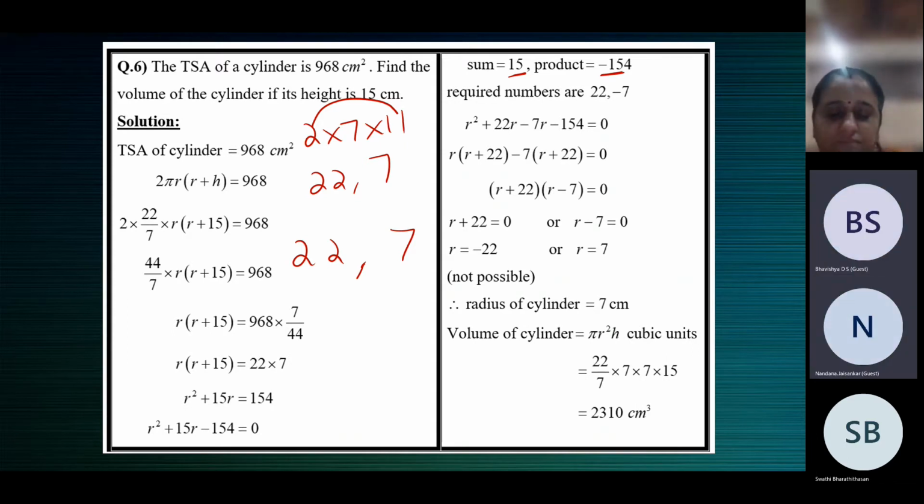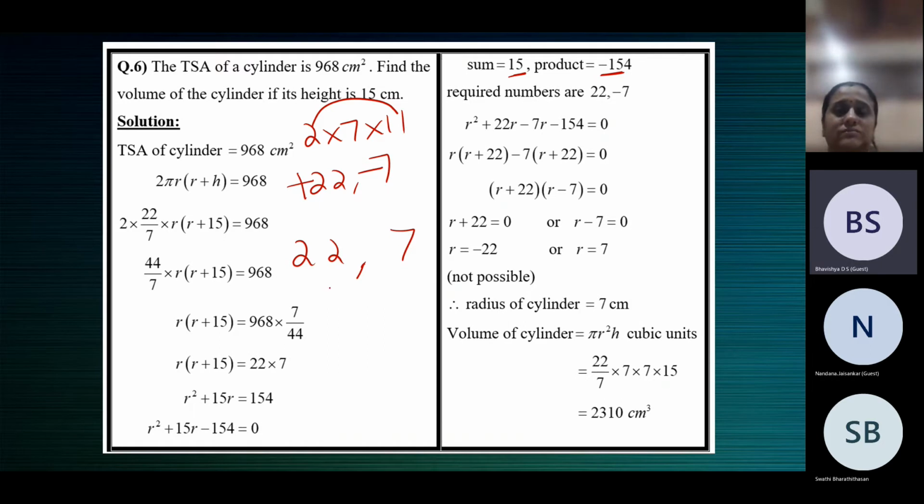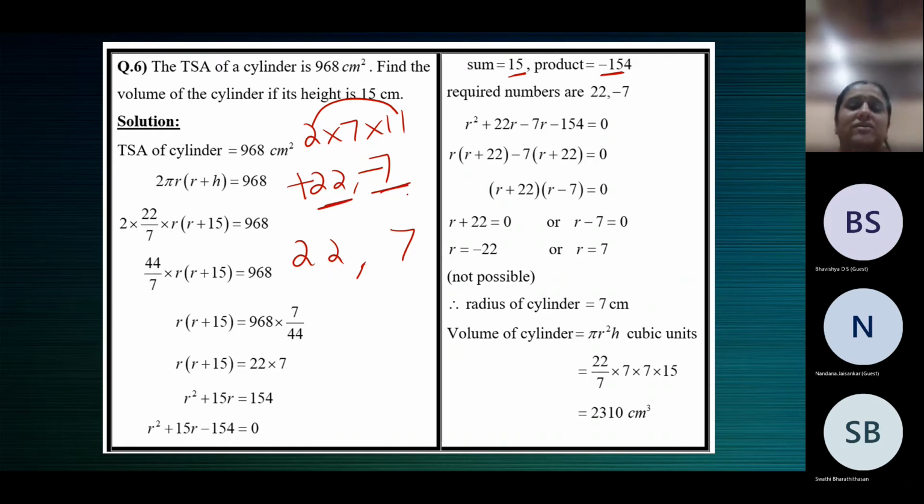Ma'am, if plus 22 and minus 7, when we are adding, we should put the greater number's sign. When we are multiplying, we should multiply the signs also, so we are getting minus. So it will be 22 and minus 7, correct? Yes, ma'am. Very good.